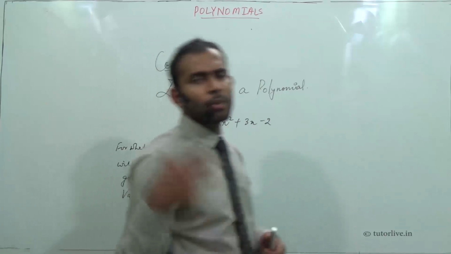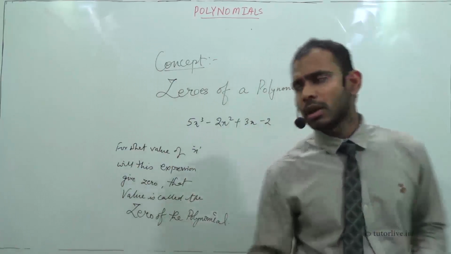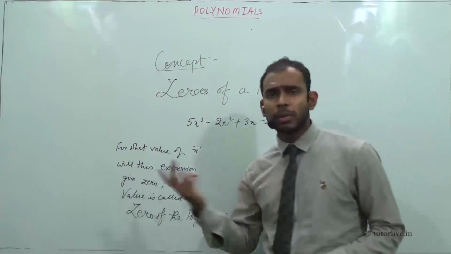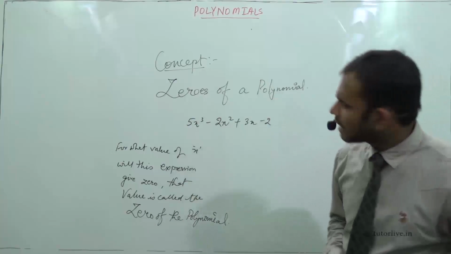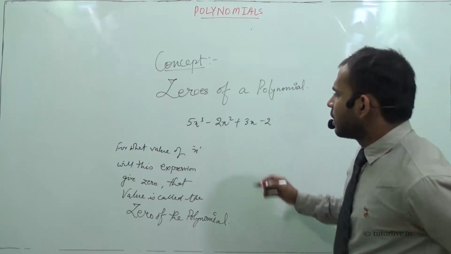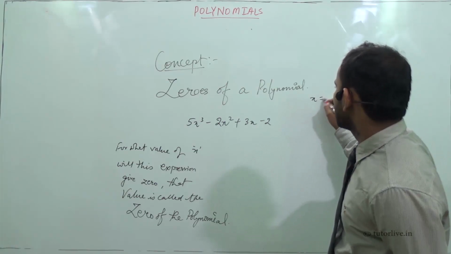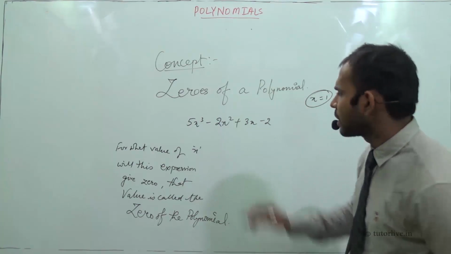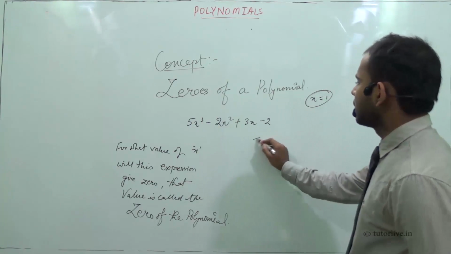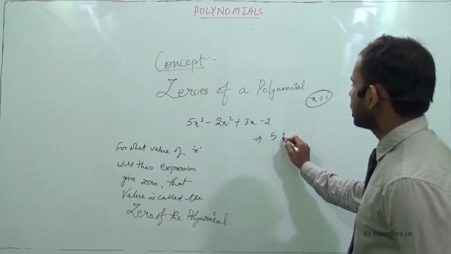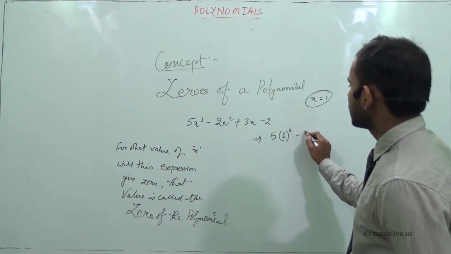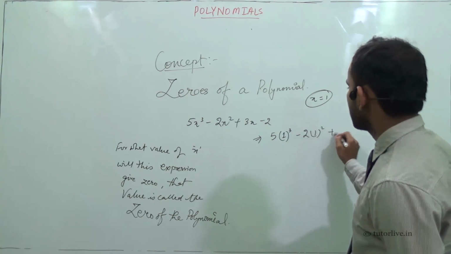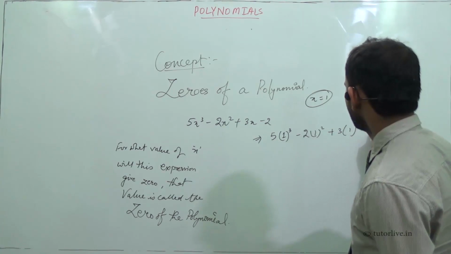Whichever value we may put there, it may be a hit and trial method. We can put 1, we may put minus 1, minus 2, 3, 4, 5, 6, whatever it is. So let's say we put x is equal to 1. We see 5 into 1 cube minus 2 into 1 square plus 3 into 1 minus 2.